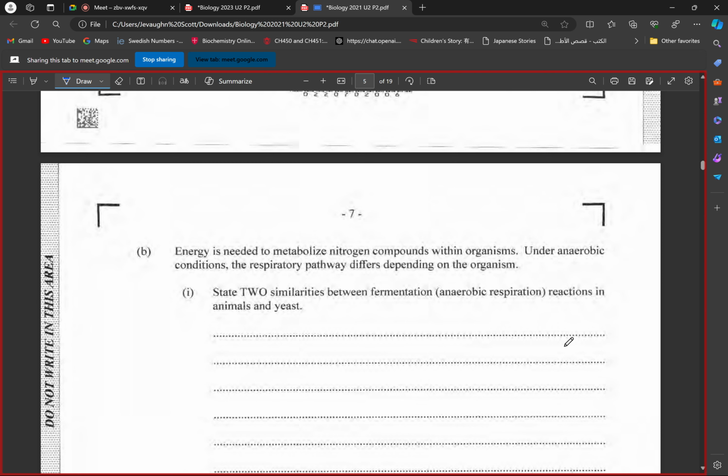Wait, glycolysis will occur before the fermentation, right? So glycolysis will always occur before both of them, I guess.